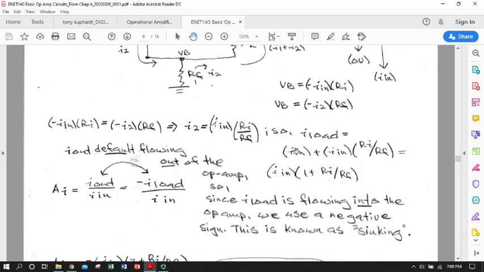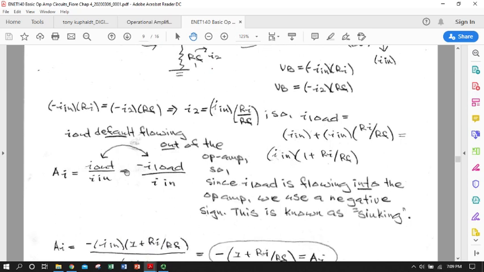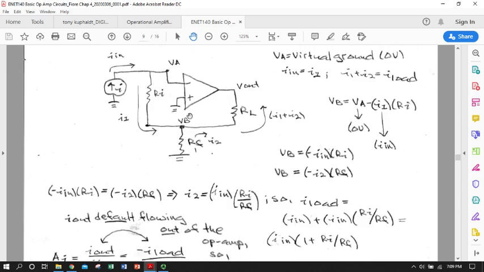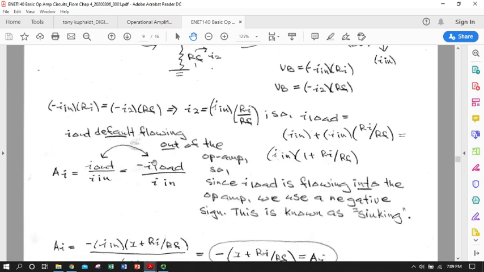Maybe I'll factor an In out. And then write my typical gain expression as I out, which is I load, divided by I in. We're going to have a negative sign because current is flowing backwards into the amplifier.